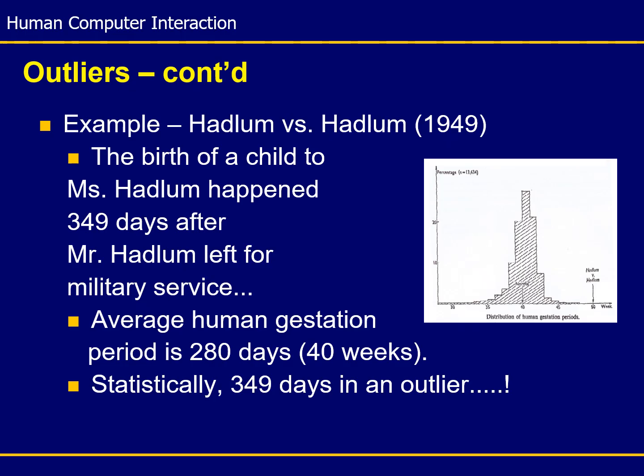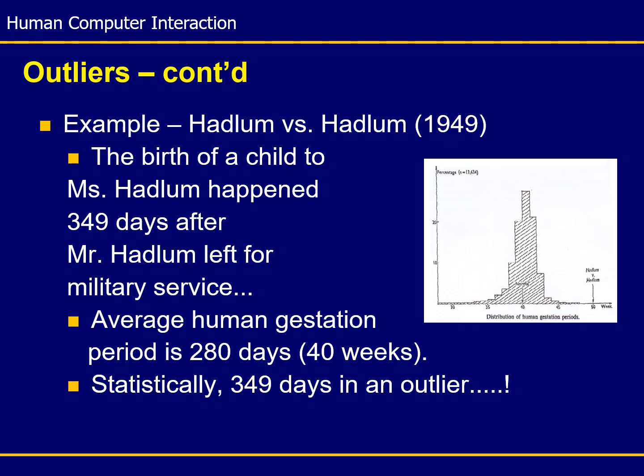So with such a big N, the statistics becomes much stronger. And the conclusion was that 350 days is unlikely to be a human gestation period. In other words, this point is an outlier. In other words, she was lying. She was not pregnant for 350 days.